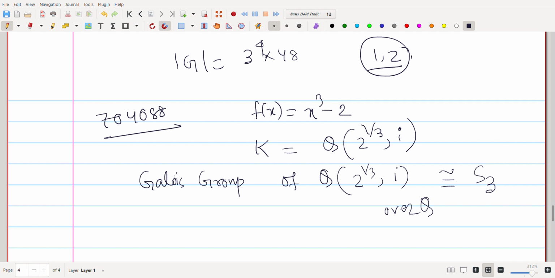First of all, from the extension degree, we can see that the Galois group has order 6, and you can see that the Galois group is non-abelian, so it is isomorphic to S3.